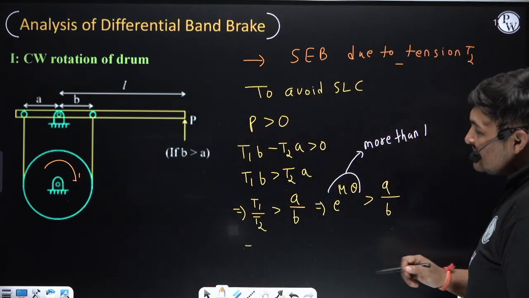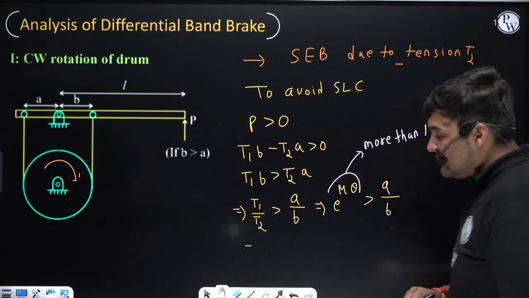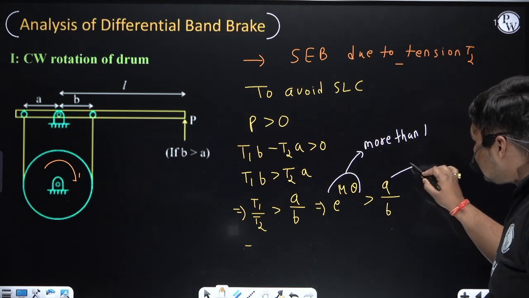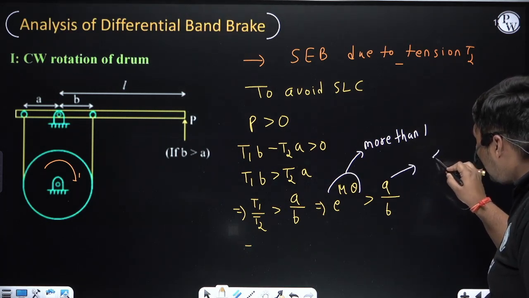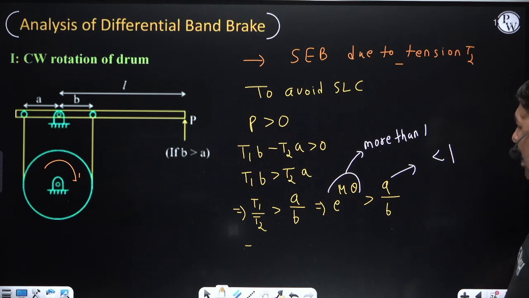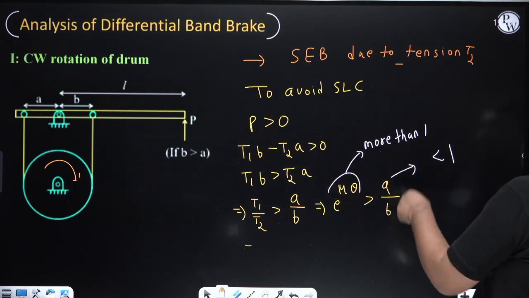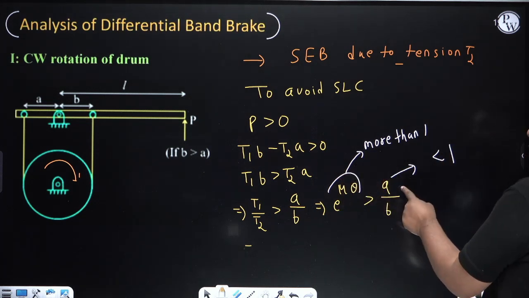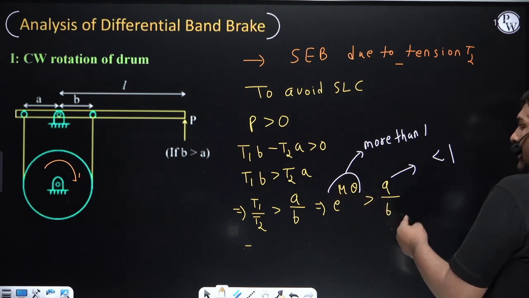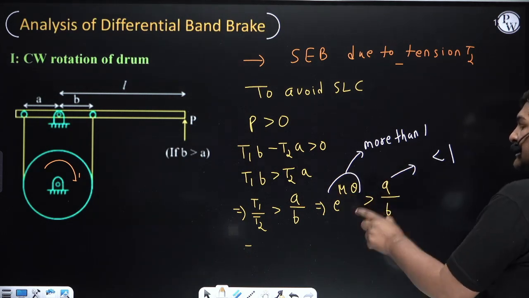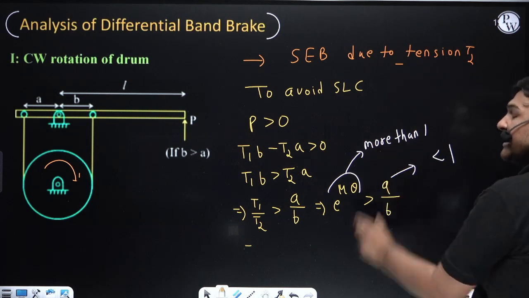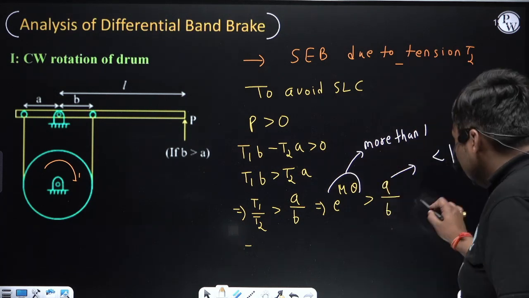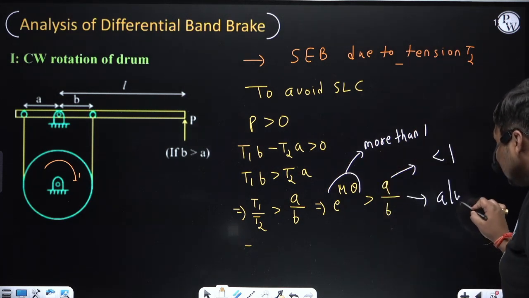But in this case, since B is greater than A, can I say the A by B ratio is always less than 1? Now one is always more than 1 and the other is always less than 1. Suppose it is 1.1 and it is 0.9. Since one is more than 1 and the other is less than 1, can I say in this case LHS will always be greater than RHS? Means in this case this equation will always be satisfied.